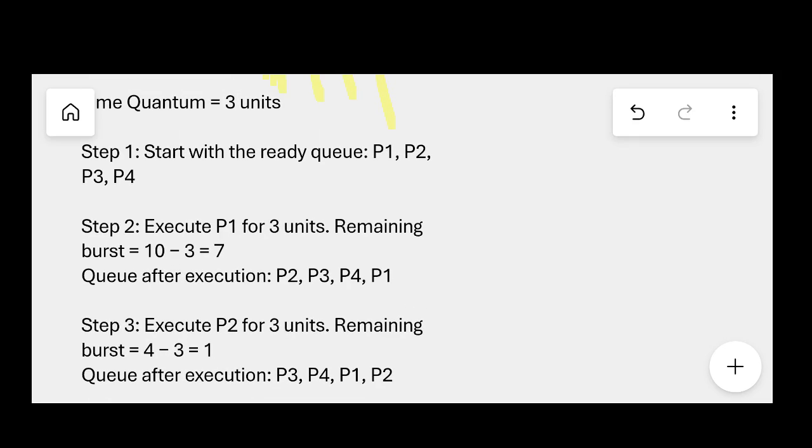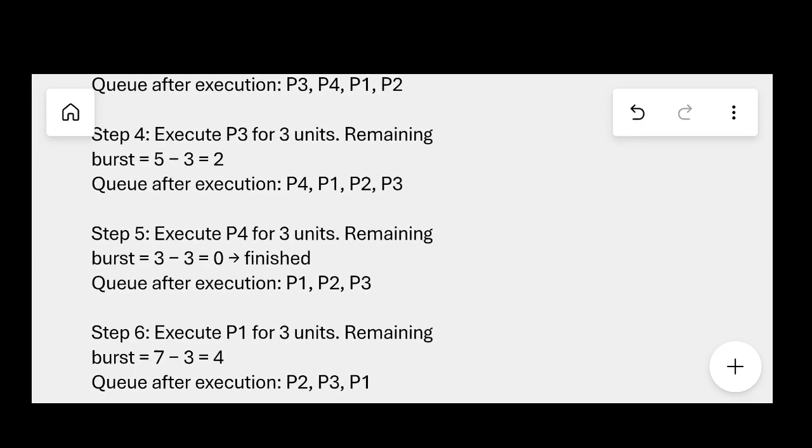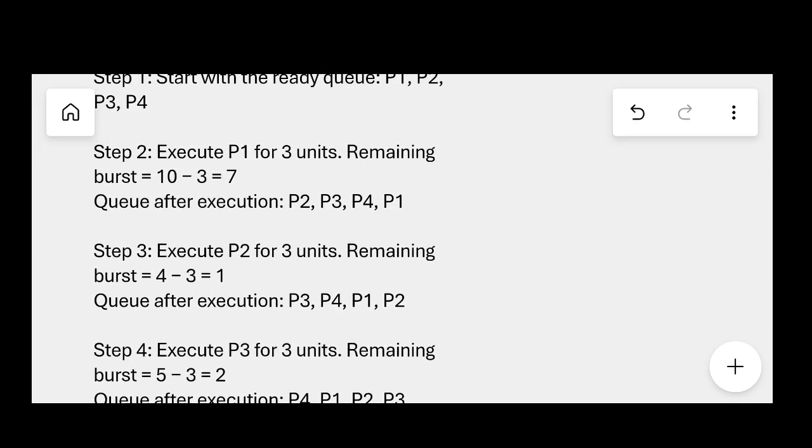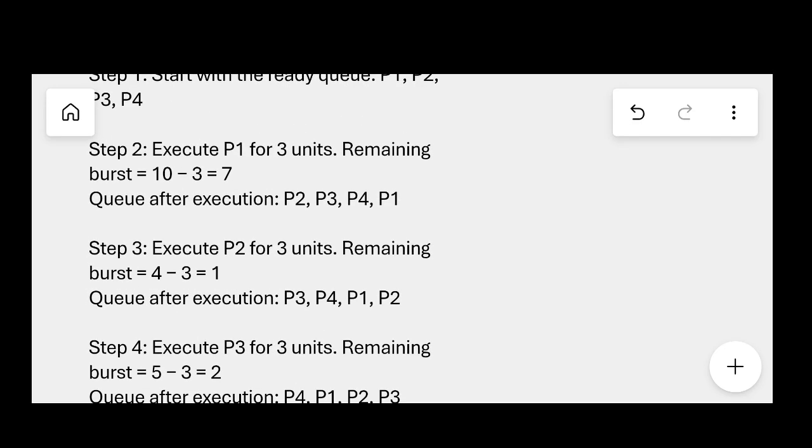Now let's see how the CPU runs these processes. P1 runs for 3 units. It still needs 7 more units, so it goes to the end of the queue. Then P2 runs for 3 units.